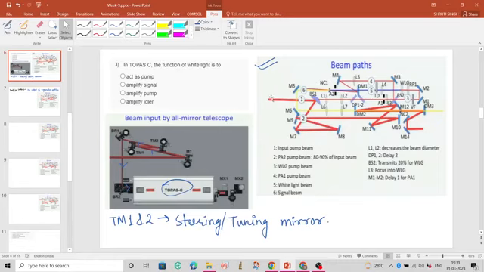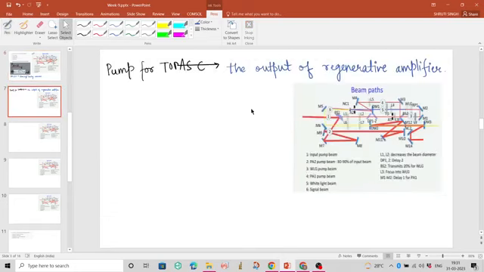After this part the path is this. This red light which is entering is shown as this one, which hits this BS1. Now what is BS1? It is a beam splitter, a normal beam splitter. What it does is it splits; it is an 80-20 kind of beam splitter.